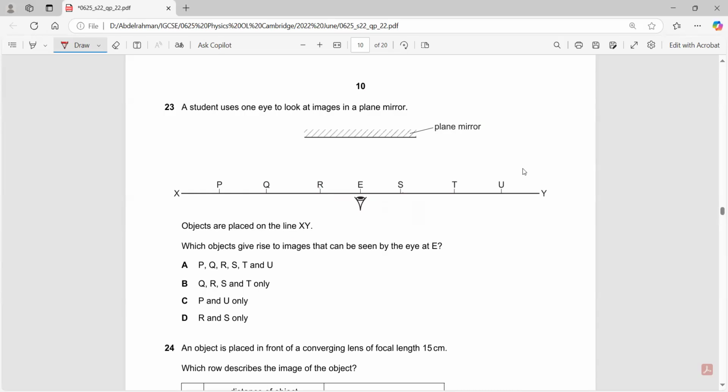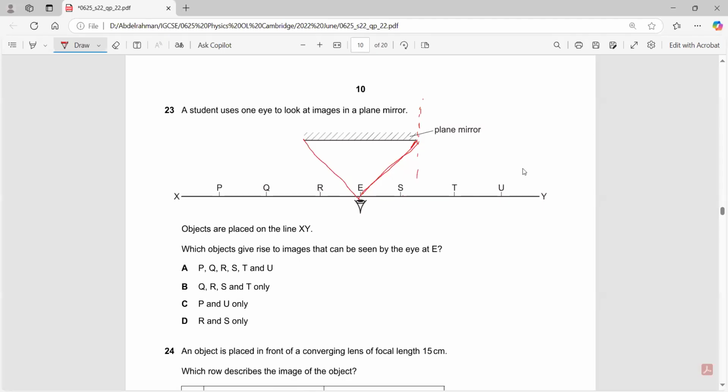First of all, you need to draw, for example, a line from E to the mirror. It's a straight line from E to the mirror using your ruler. So it will hit this point, and then again at this point. From these incident rays, you can draw normal lines and then draw the reflected rays.